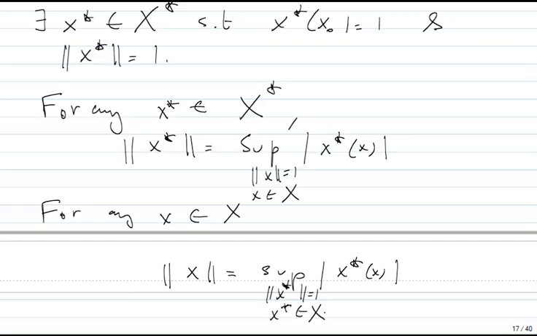It's really amazing. Not only do we have it for the elements in the dual space, we also have it for the elements in the original space. And in fact, the sup is achieved, so it's a max. It's not just the sup, it's a max. This is Hahn-Banach. Hahn-Banach allows us to say this.